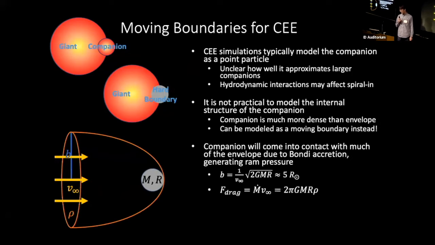So what we can do instead is model the companion object, instead of a point particle, as a hard boundary, so a hard sphere, like a solid object. In particular, because of the gravitational influence of the boundary, it's expected to accrete material by a mechanism similar to Bondi accretion, and that should generate significant drag on the companion object. And it's thought that that could change the dynamics of the spiral-in.